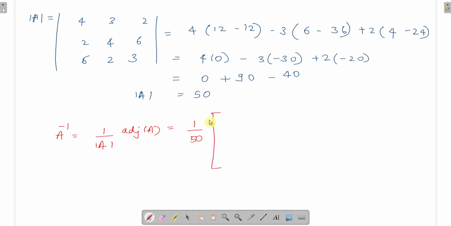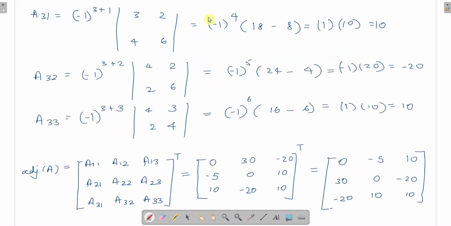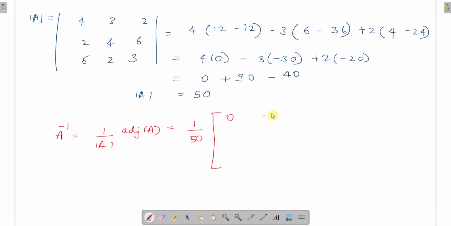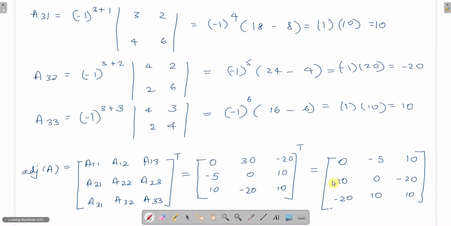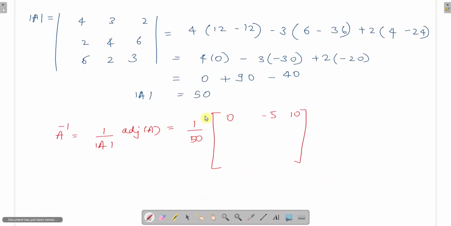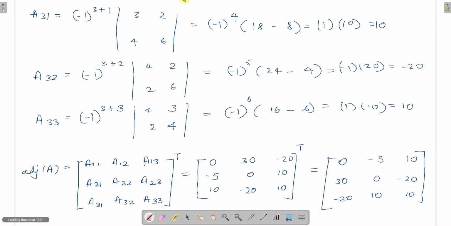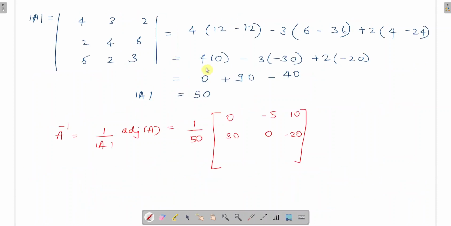And then we have the adjoint of A as this: 0 minus 5 10, 30 0 minus 20, and minus 20 10 10. Right? So this is A inverse.